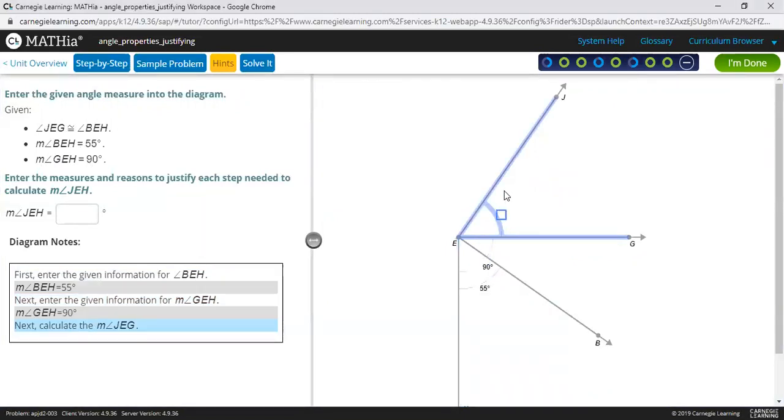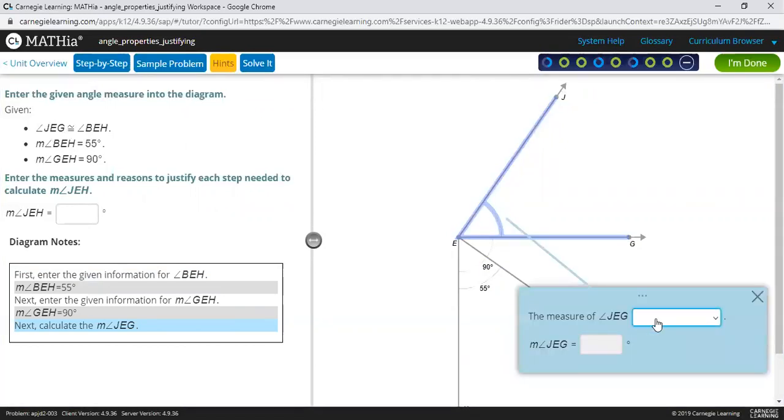Okay, so now JEG is not given to me. There's no angle measure given to me, but I do know that it's congruent to BEH. So therefore, if it's congruent to BEH, then JEG must also be 55 degrees. Okay, so it can be calculated, 55 degrees.